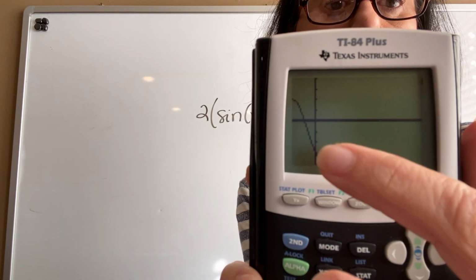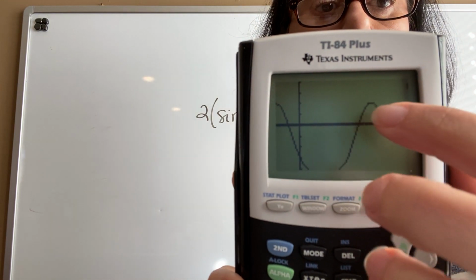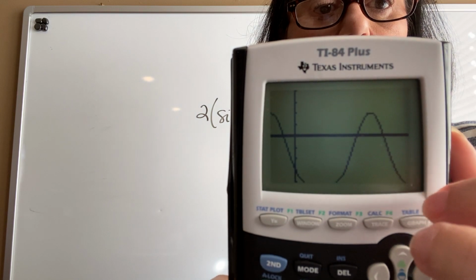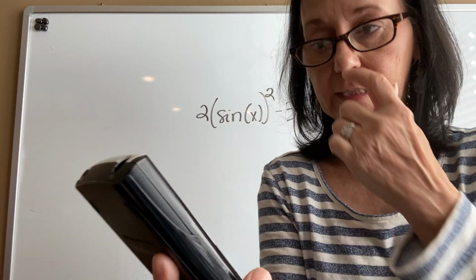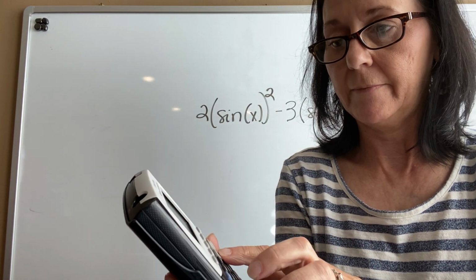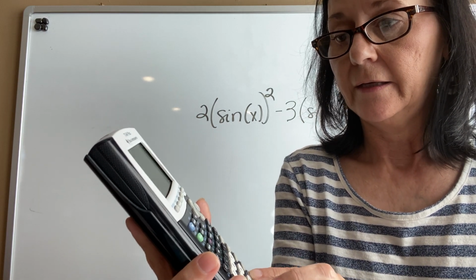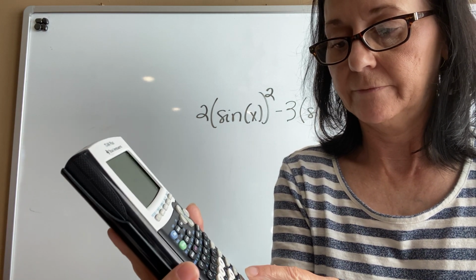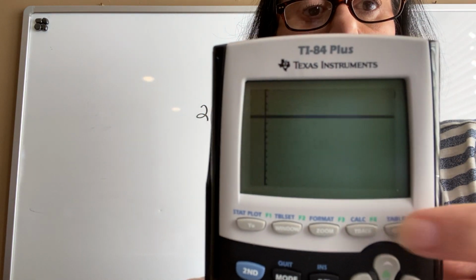Okay, now here's what I expect to see. And then it repeats. Look, I'm going to lower this and make this a little wider so we can see. Maybe I'll go to 720 so you can see that. I'll go -10. I'm going to reset my window so you can see the different cycles.